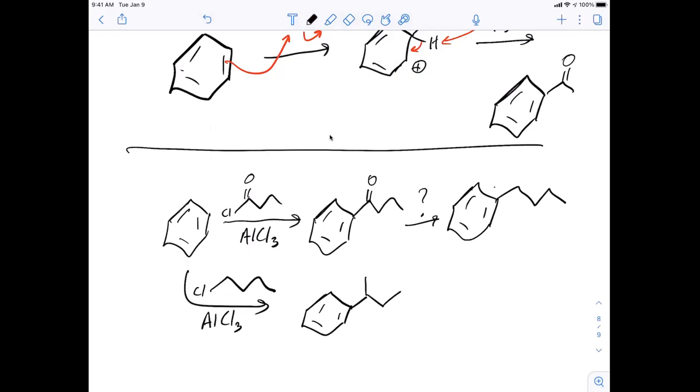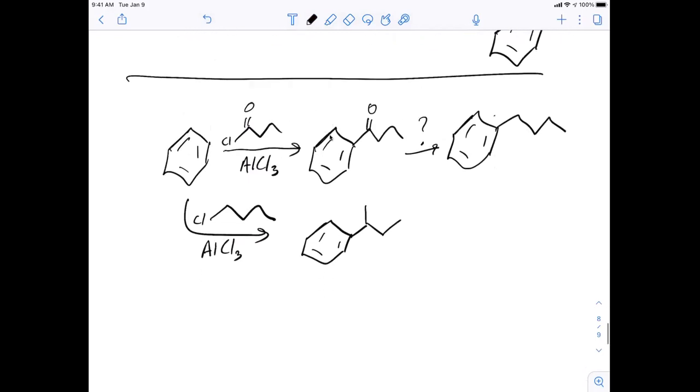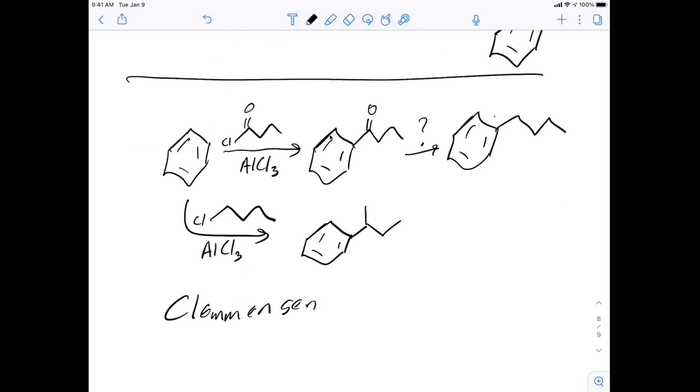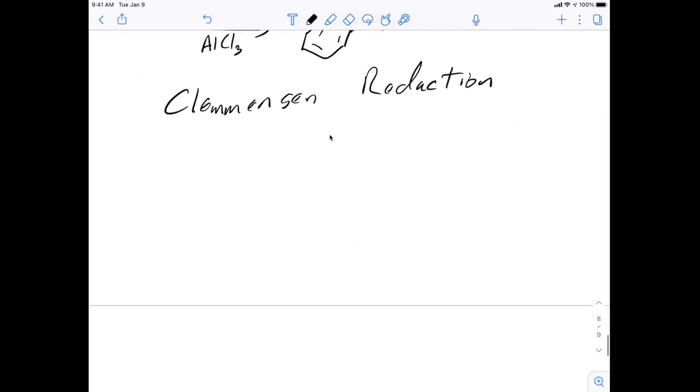There's a couple of ways you can reduce that carbonyl. The book focuses on one right now, and since it's focusing on one, we'll focus on one, and that's the Clemmensen reduction. So in the Clemmensen reduction, I use zinc amalgam.